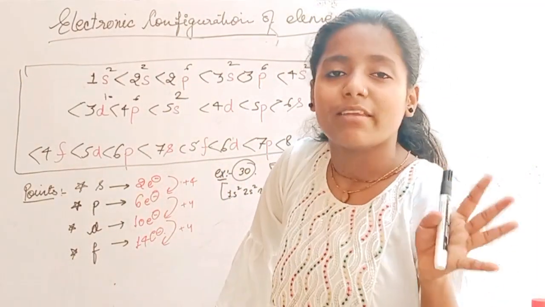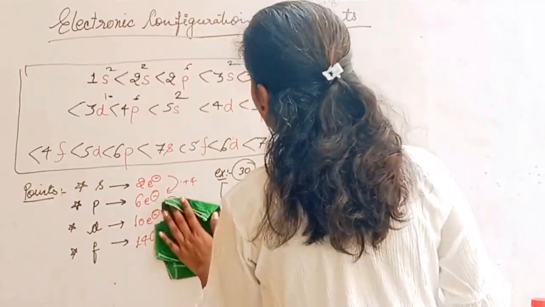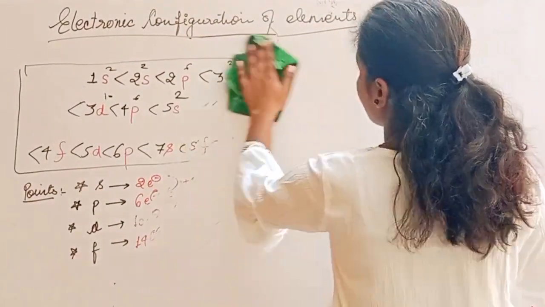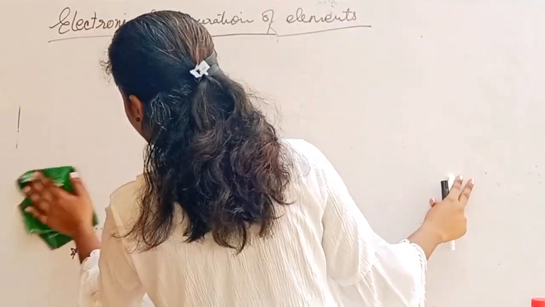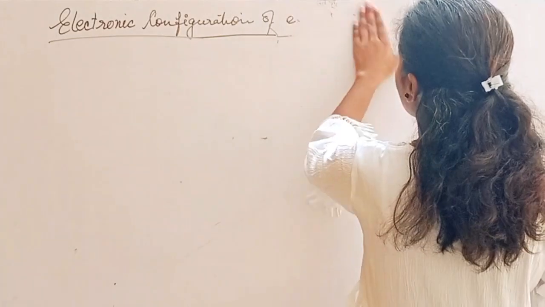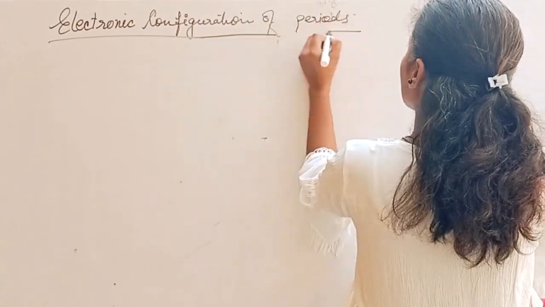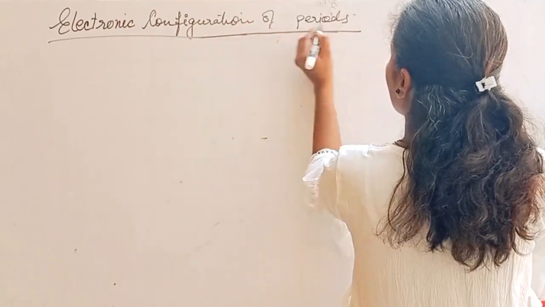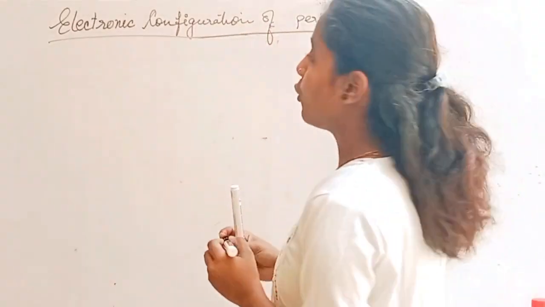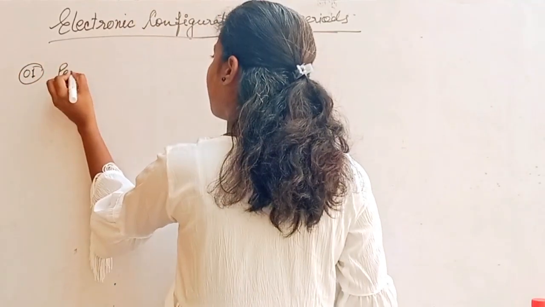Okay? Now let's talk about the electronic configuration of elements in the periodic table. My topic is electronic configuration of elements in the periods. So the first thing I'm going to talk about is period number 1.